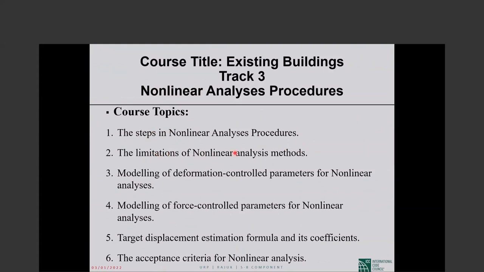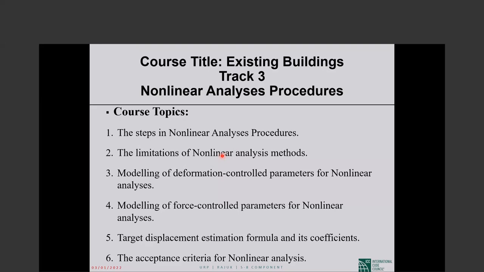There is not much limitation for using the nonlinear analysis method. Just if the higher mode effects are important, it is better to use dynamic, not static. And in different codes, there are checks that we can apply to see if the higher modes are important or not. For example, they say you do a response spectrum analysis on your building and calculate the story shears. When you are doing the response spectrum analysis, you first use just one mode.